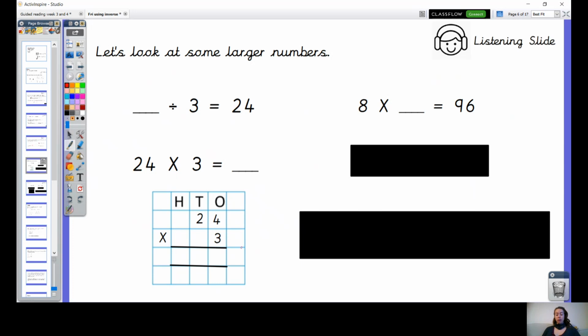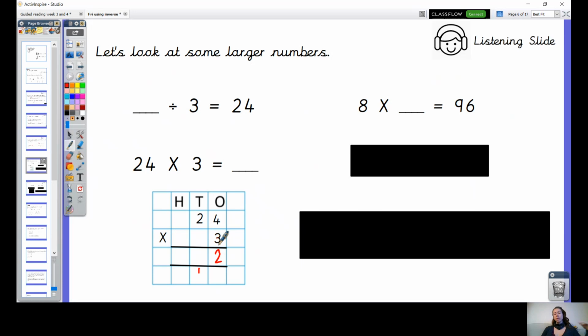So I've written it out ready, as you can see. So now I'm going to start with my 1s. First, multiply the 1s. 4 times 3 is 12. I can't have 12 all in the 1s column, so I'm going to write 12 like this. Then I'm going to multiply the 10s. 2 times 3, that's actually 20, isn't it, that 2?